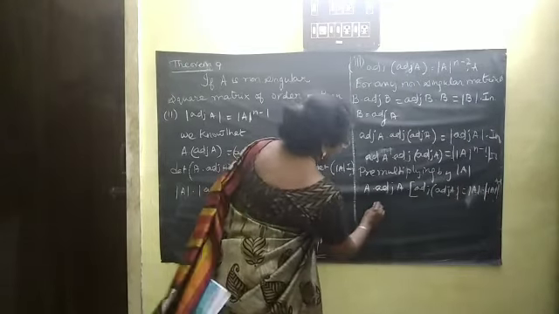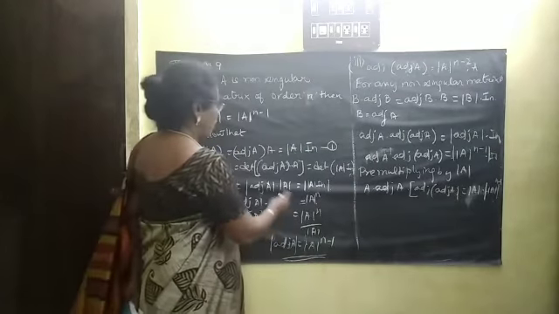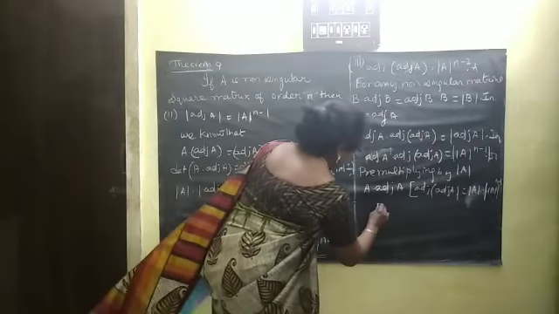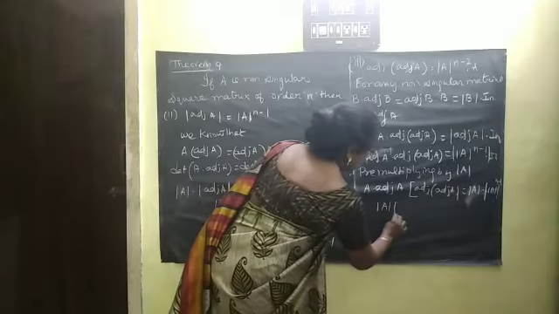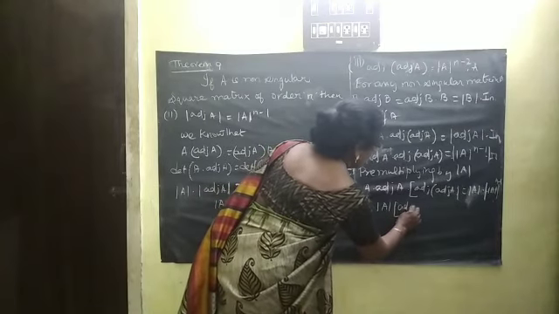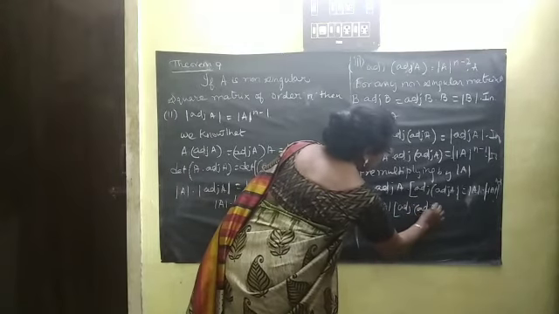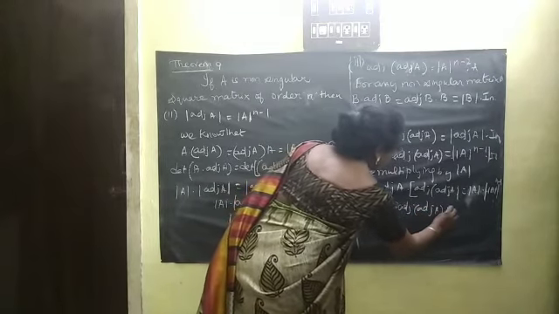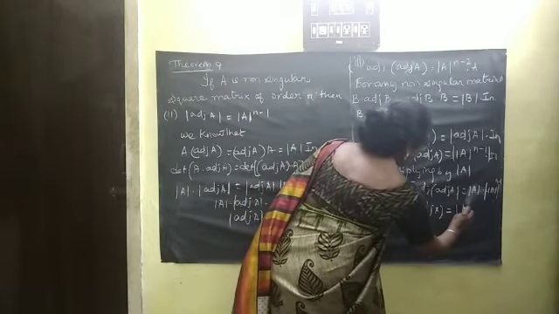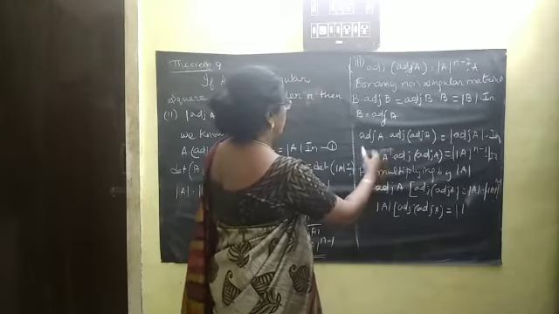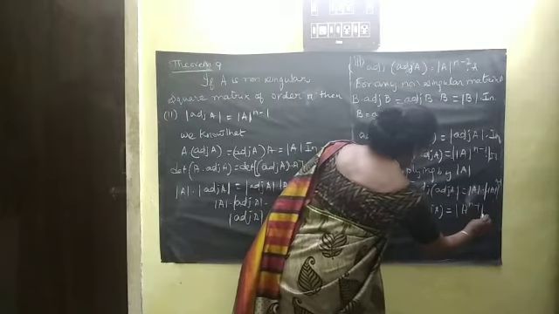So this value is going to be A into adjugate of A. A into adjugate of A is equal to determinant A. So determinant A into adjugate of adjugate A is equal to determinant A power n minus 1.